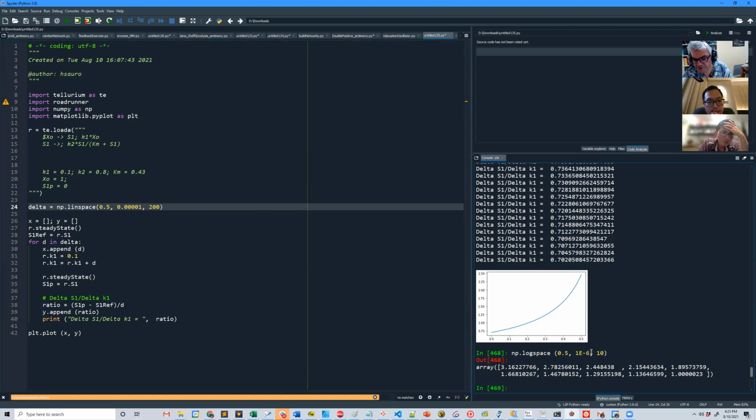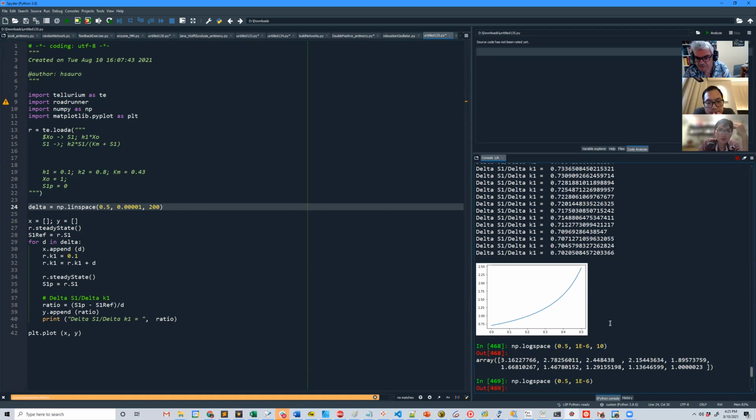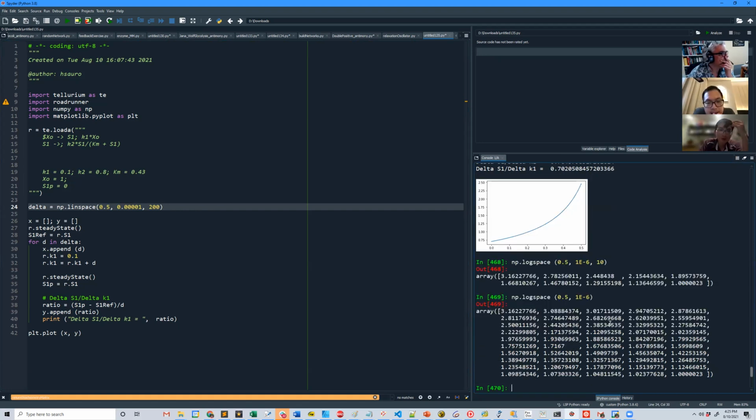Okay, let's just not put that in at all. I'm just looking at the help here. The base is base 10 currently. Let's go to another help.